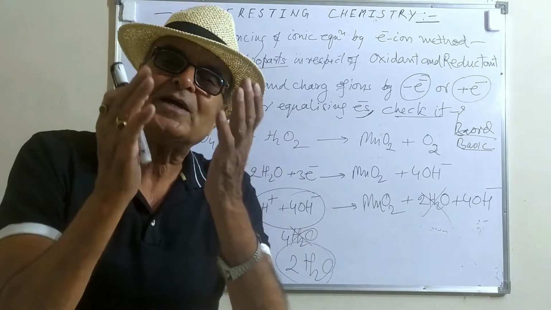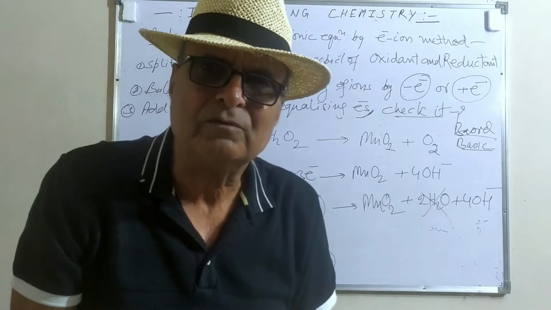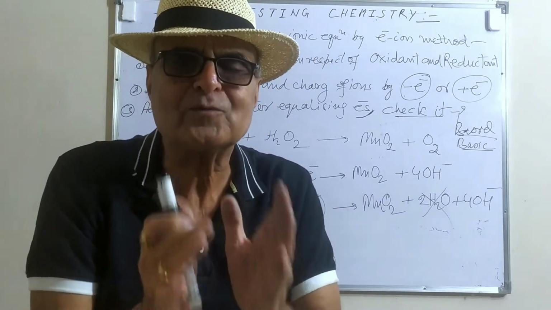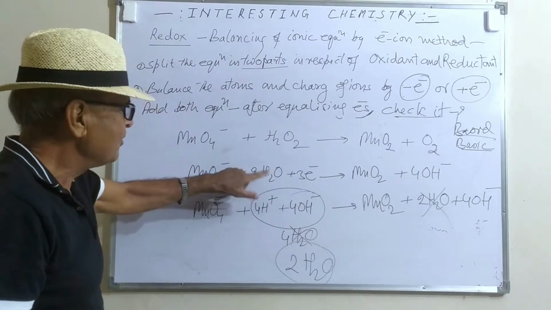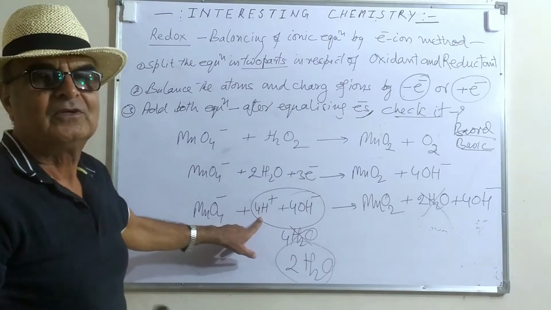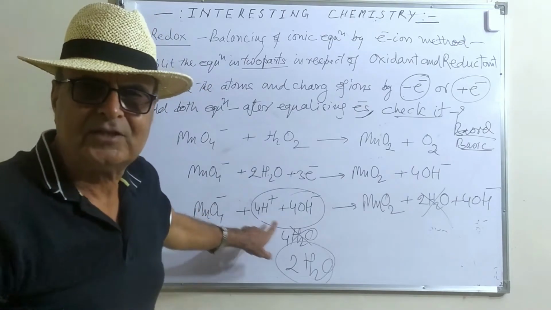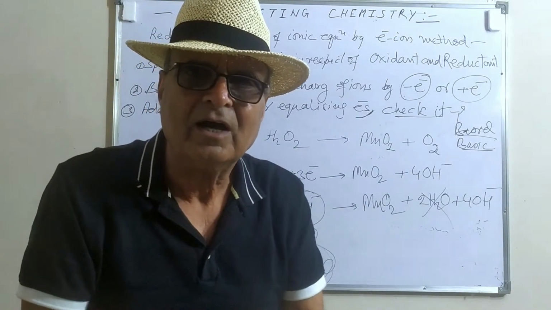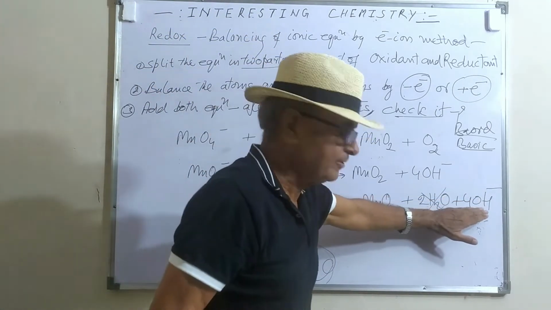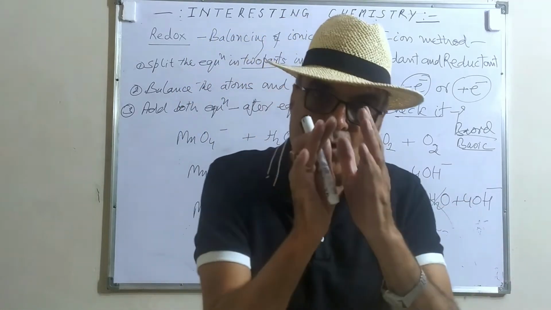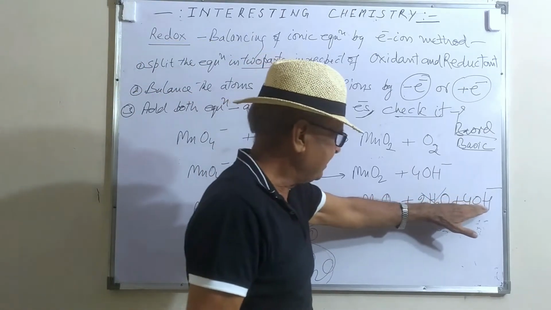So if you can understand this one, I am very happy. But if you have some difficulty balancing this equation by adding H2O, please balance it with the help of the H+ ion, then change into the basic medium by adding OH- ions on both sides, because this OH- occurs in the reactants and then again on the other side.